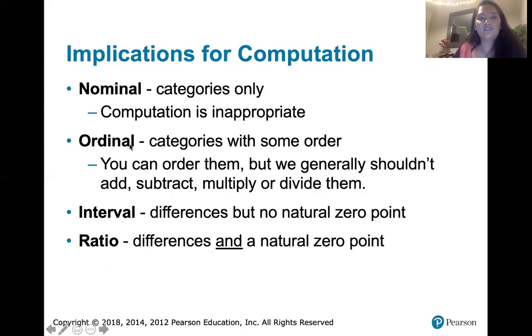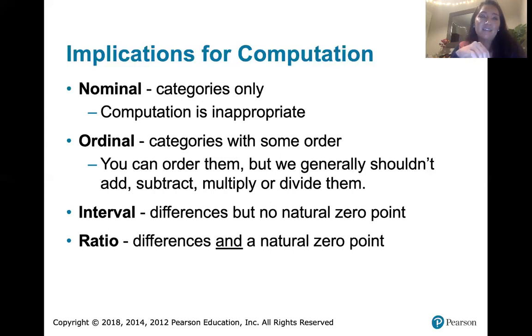Now, these implications for computation are related to some of your homework problems. When you're doing homework over this material, they're going to ask you to do some computation. They're going to say, what's wrong with this picture? And what you're going to have to do is figure out what level of measurement that data is at.